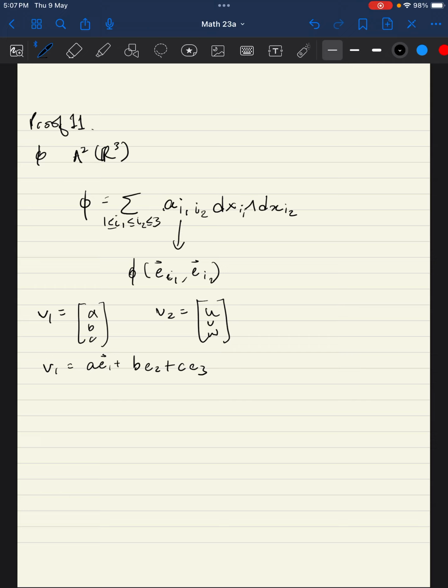And these are the elements of the basis for this. And the other one is going to be UE1 plus VE2 plus WE3.